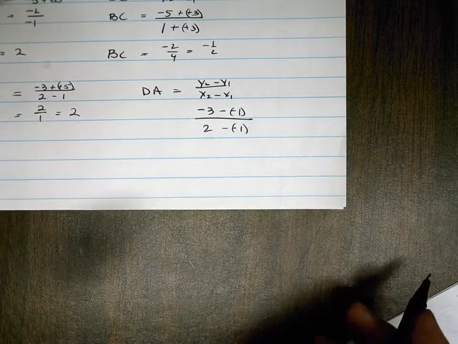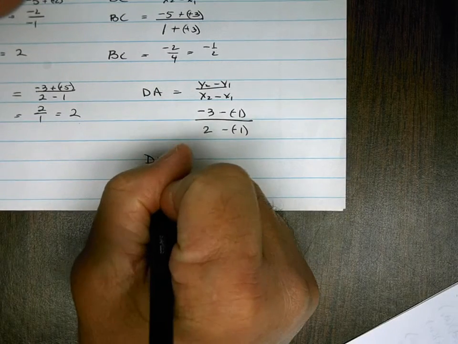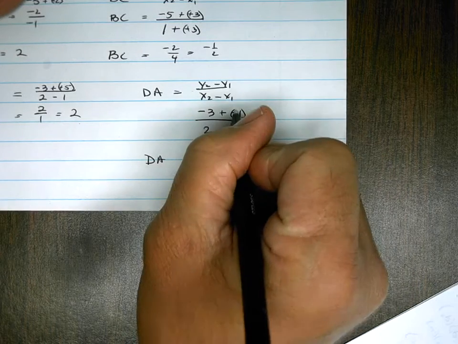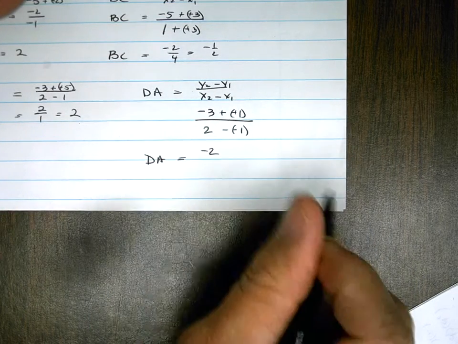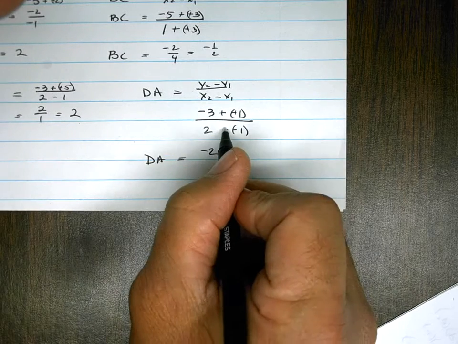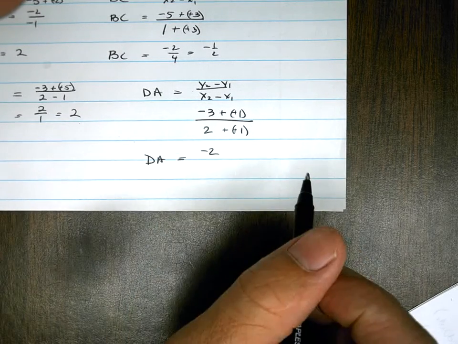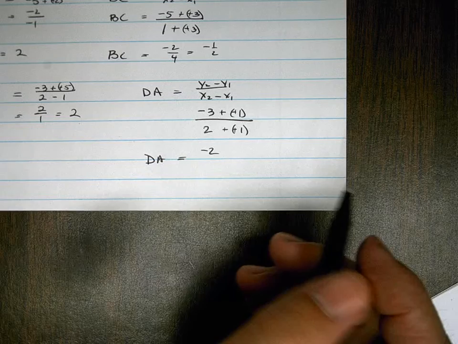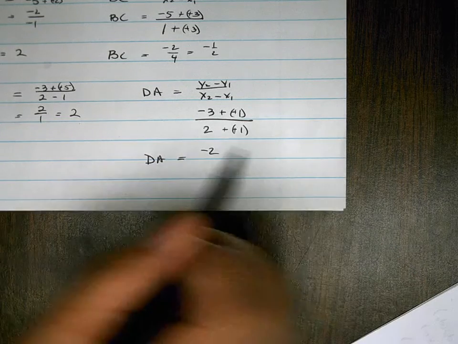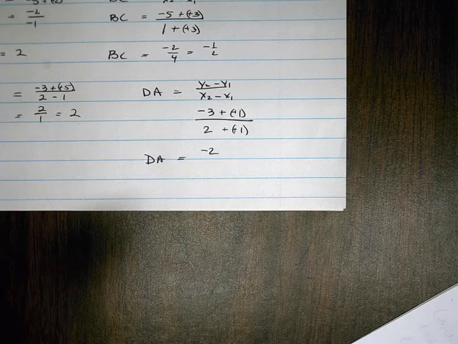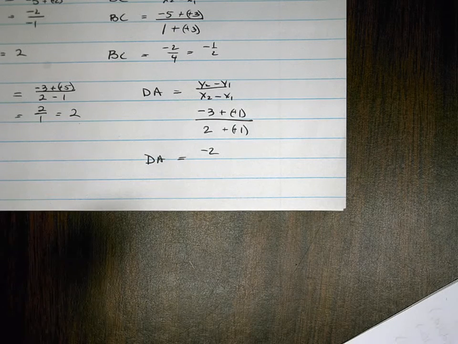So finding the slope of DA, we add the opposite and we get negative 3 plus 1, which is negative 2, and we add the opposite, we get 2, and I'm seeing I messed up somewhere. Let me go back and check DA again. Negative 3 minus negative 1, that's correct.